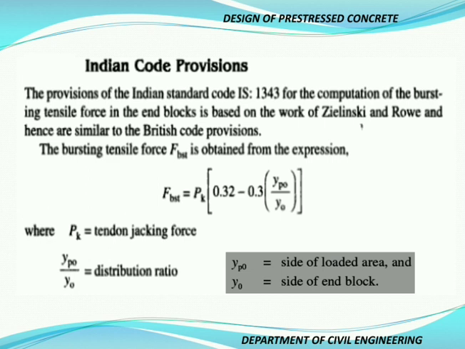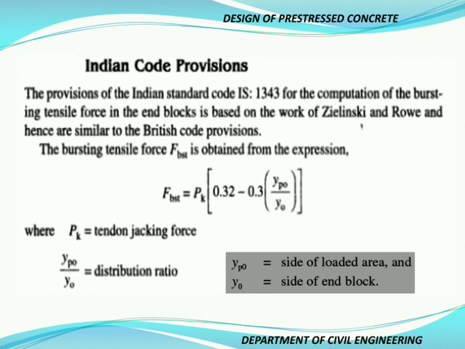As per the Indian Standard Code, that is IS 1343, which is based on the work of Zielinski and Rowe, we get the formula for the bursting tensile force as BST equal to Pk into bracket 0.32 minus 0.3 multiplied by yp0 divided by y0, where Pk is the jacking force or the prestressing force and yp0 divided by y0 is the distribution ratio.